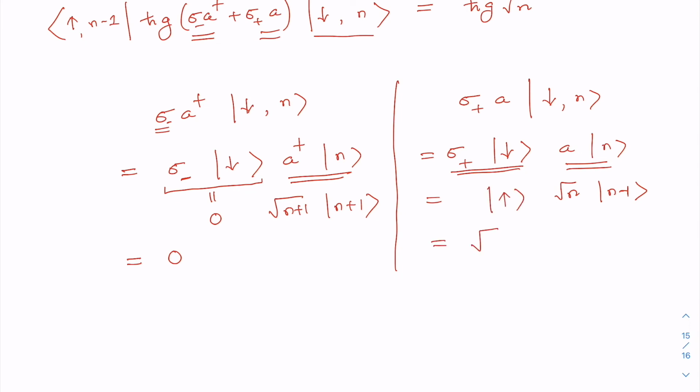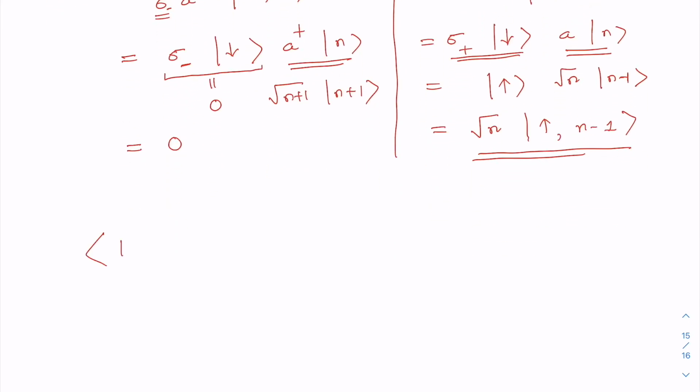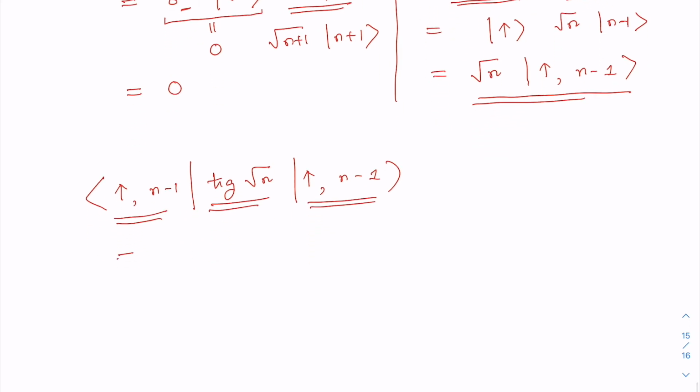So we simply have square root of n, atom in the excited state and the field having n minus 1 photons. So let me put this term here. What you are going to get is this excited state with n minus 1, and I have ħ g square root of n. Now this is just a number and these two states are the same state, so they are normalized, and because of normalization we have simply ħ g root n.